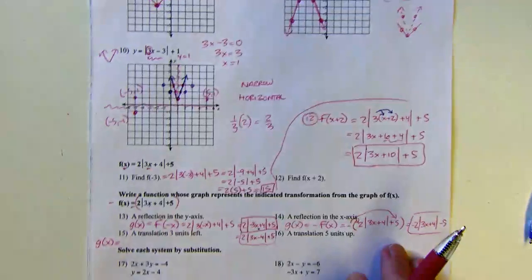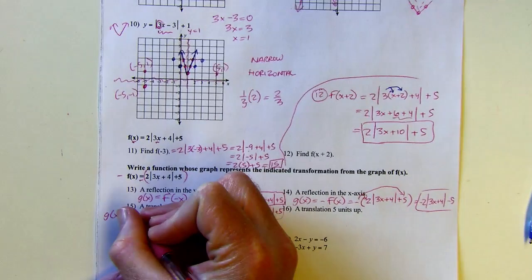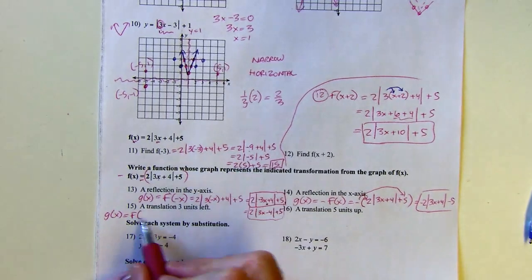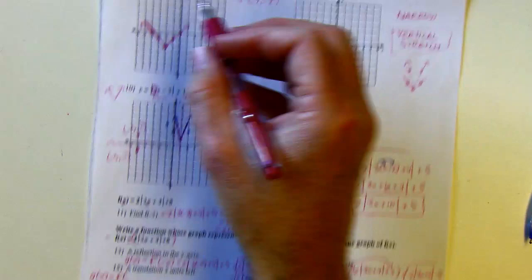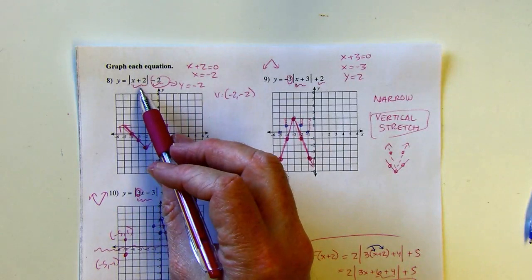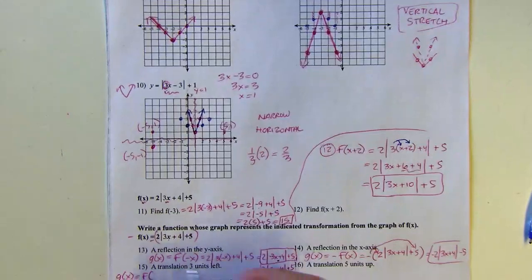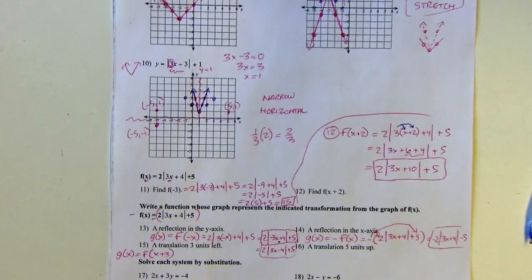So when we're moving left and right, we're going to mess with the inside of the function, the x part of the function. If I want to go to the left, look up at that one, right? This sent us to the left when we added 2 to the x value. So if I want to go left 3, I'm going to do this, okay?